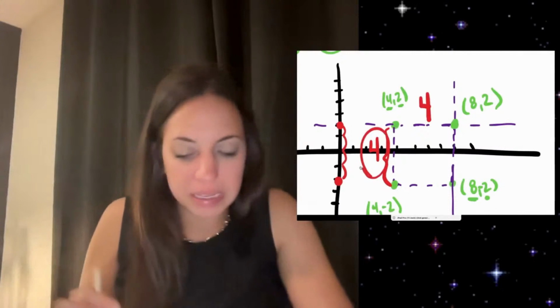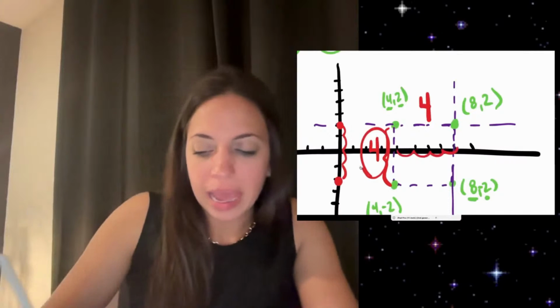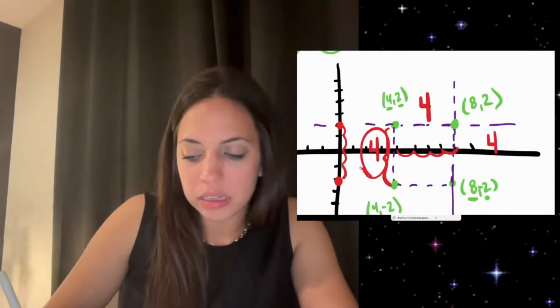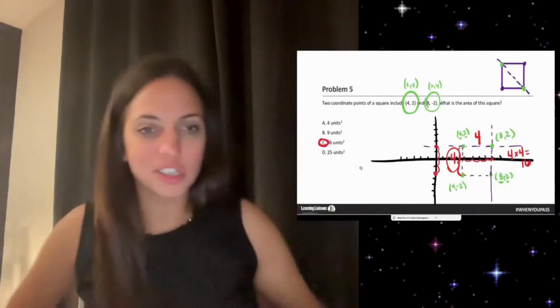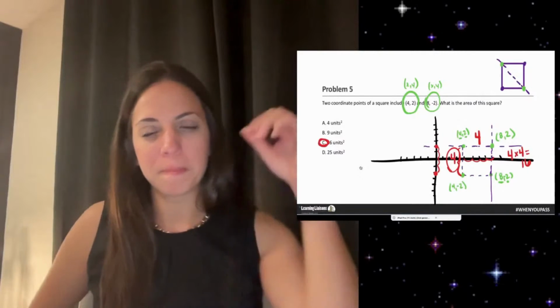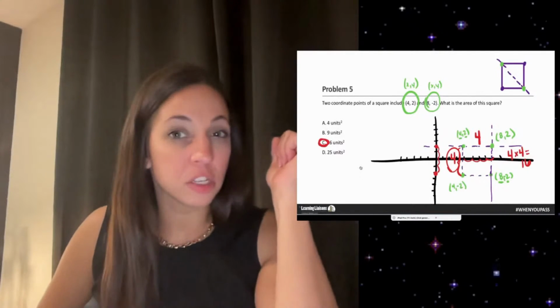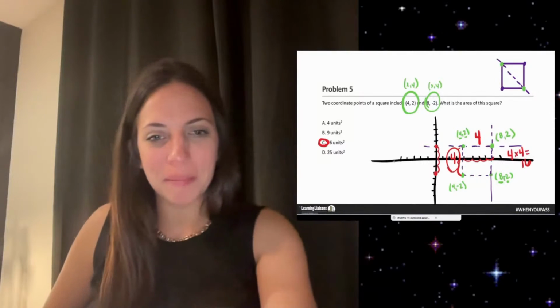If I want to check myself, I can. 1, 2, 3, 4, right? And the area of a square is length times width, which is 4 times 4, which is 16. So my answer is C. Questions about that? Comments, concerns? Let's go ahead and move on to the next problem.